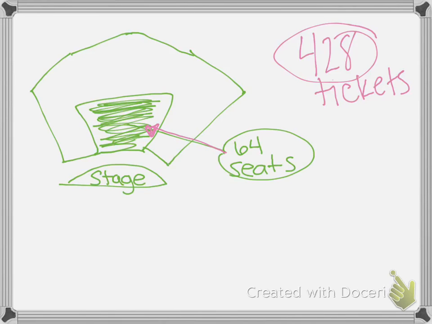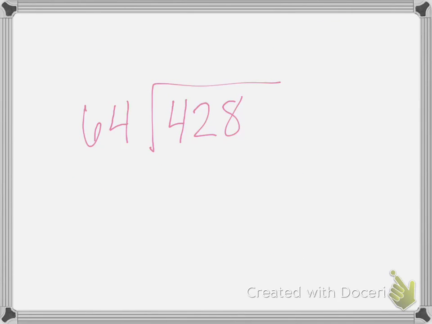So, what division problem do we have to do to figure that out? Yes, 64 divided into 428. So we need to write it out. 64 divided into 428. And I'm actually going to do this on a different page so we can have more room to work. Okay, so I know 64 cannot go into just 42.